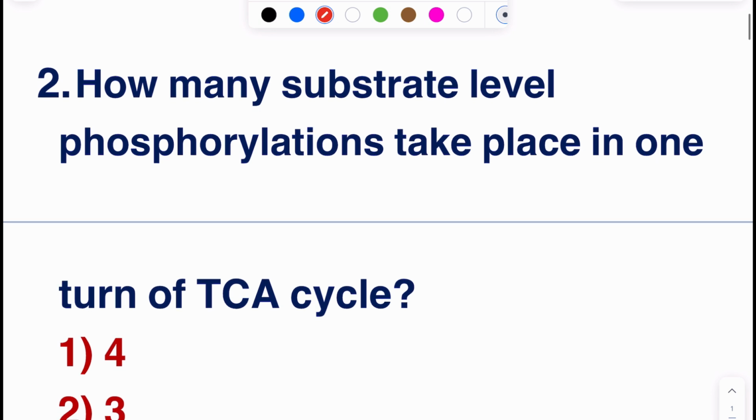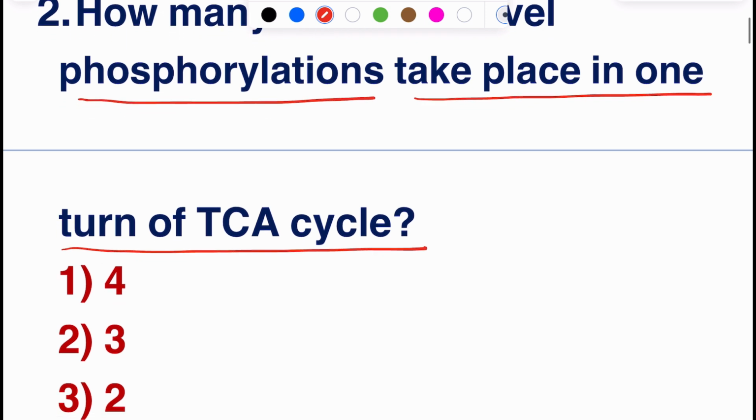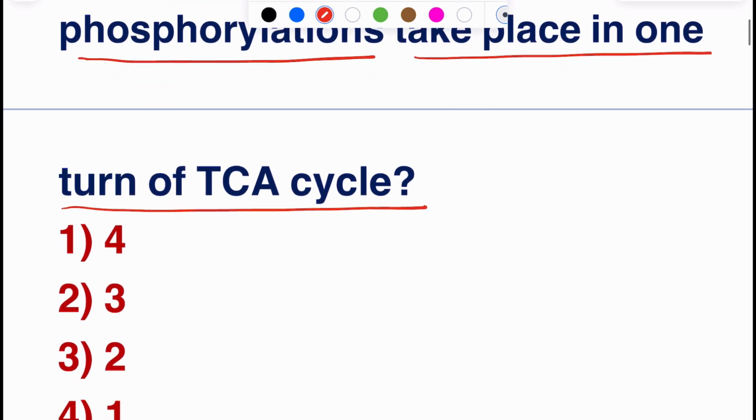Next one, how many substrate level of phosphorylation takes place in one turn of TCA cycle? One turn of TCA cycle. Already I told in first question only.